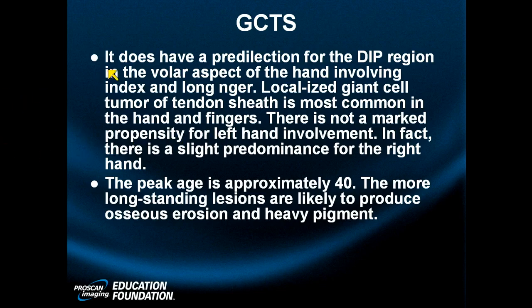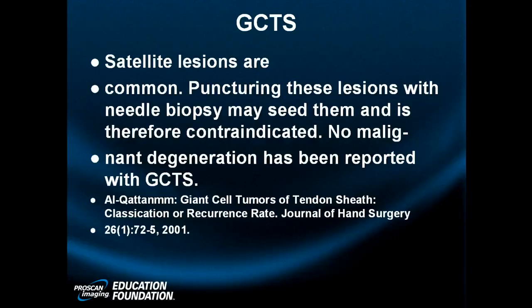It is frequently low in signal intensity, and sometimes you will see a combination of both siderotic staining on gradient echo and T1 methemoglobin staining on T1. It's usually seen in about 40-year-olds. Satellite lesions are common. This is a radiographic diagnosis.